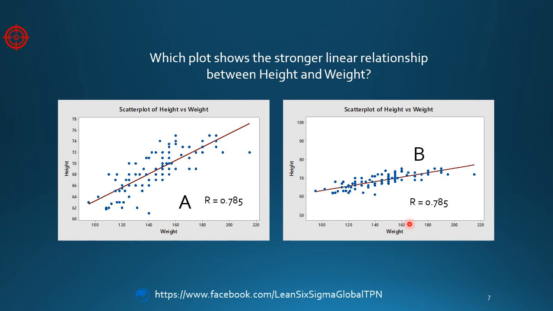They only look different because the vertical axis scales are different. Because both graphs plot the same data, their correlation coefficients are the same. For this reason, we may incorrectly interpret the relationship between variables if we rely solely on the scatter plot.